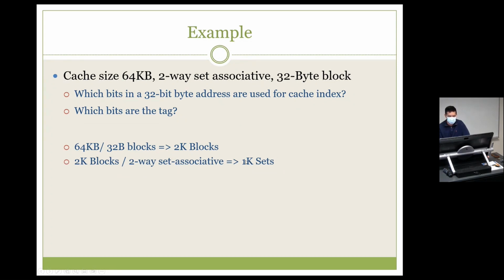So this is our number of locations that we need to be able to index with. 2,000 divided by 2, 1,000 sets. And then since we now have 32 byte blocks, we need 5 offset bits because we're byte addressable. Our block size is much larger.